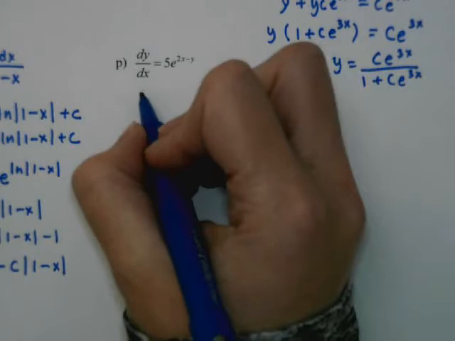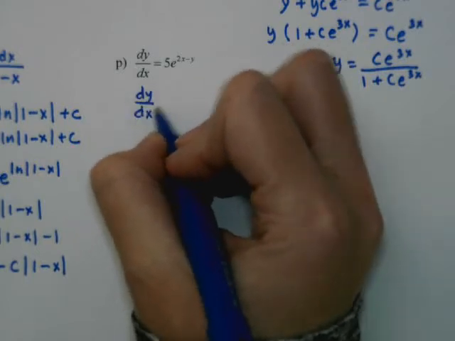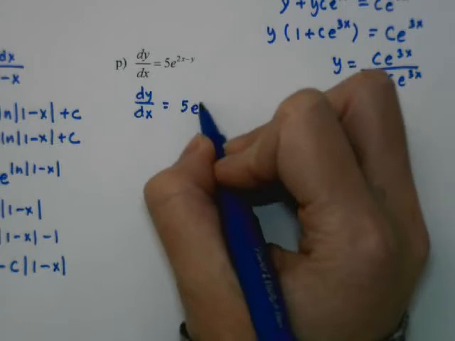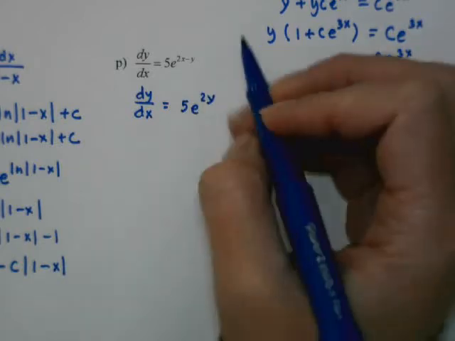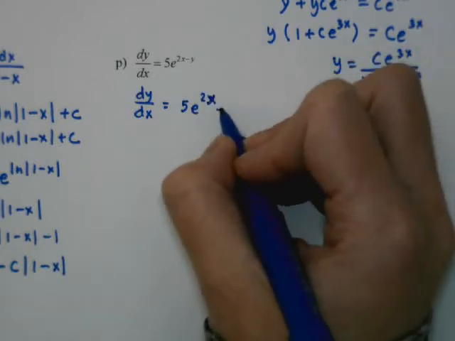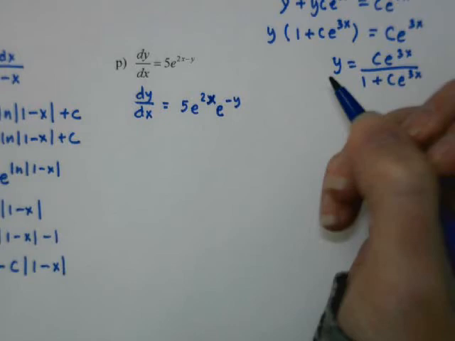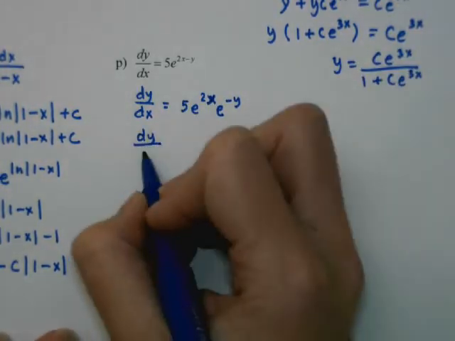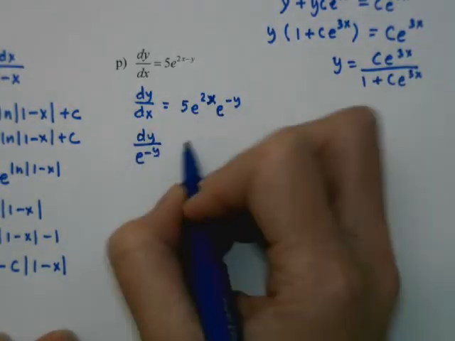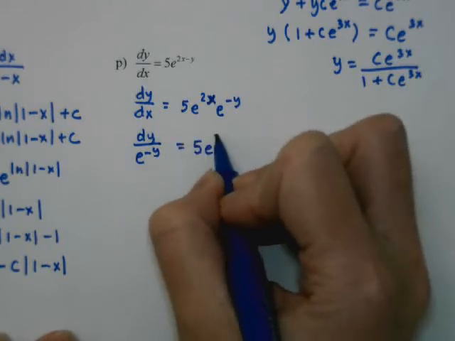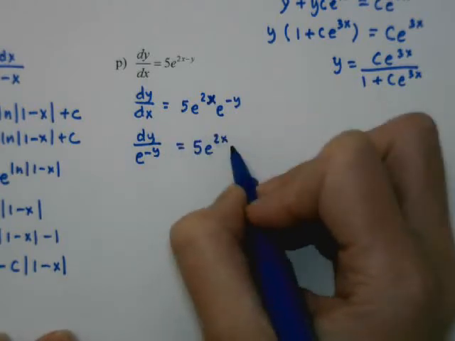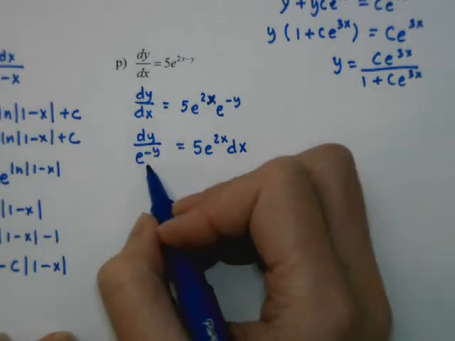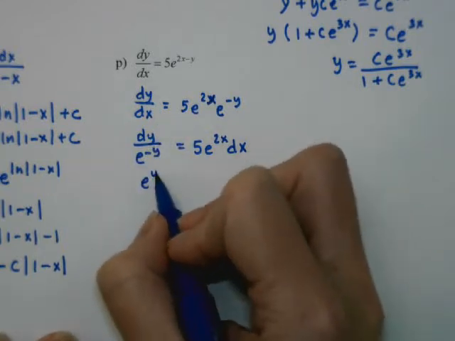All right, for this one, we're going to use that same rule that we've been using, that we have 5e to the 2x, and then we can rewrite e to the negative y. So I'm going to have dy over e to the negative y equals 5e to the 2x dx. Well, this is just e to the negative y in the denominator is just e to the y.